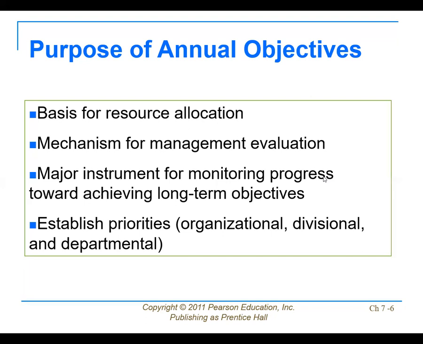You need to allocate people, technology, and so many things. And then you need to have a good mechanism of management evaluation. You evaluate people, you evaluate management, whether the processes are going in your favor or not.